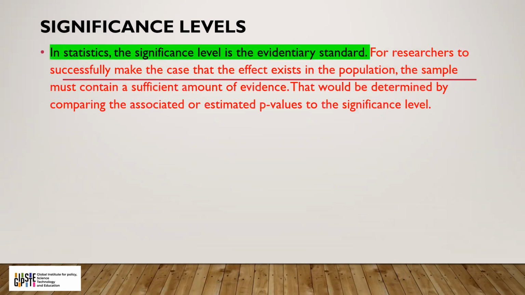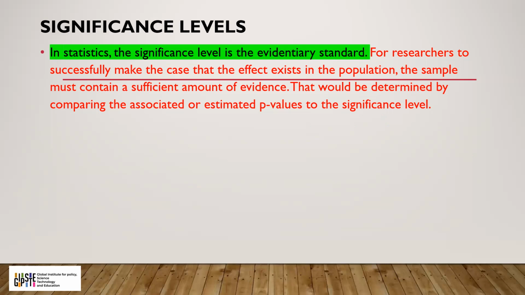In statistics, the significant level is the evidentiary standard. So for researchers to successfully make the case that an effect exists in a given population, or a difference exists among two groups in the population, the sample must contain a sufficient amount of evidence. That will be determined by comparing the estimated p-values to the significant level that you have already determined.